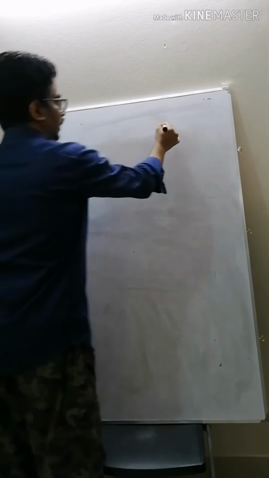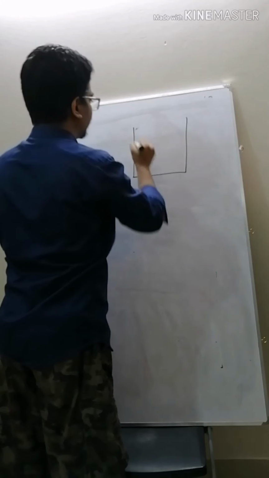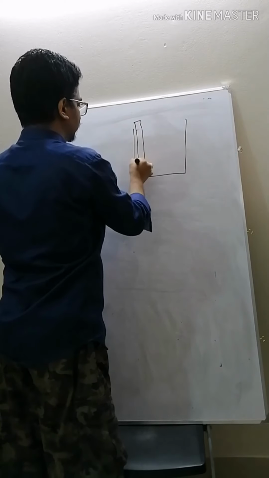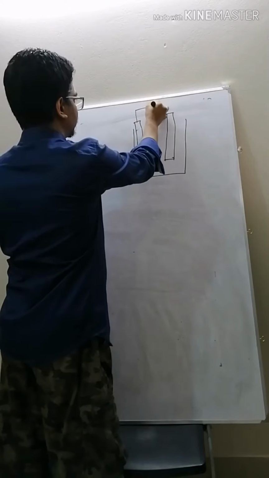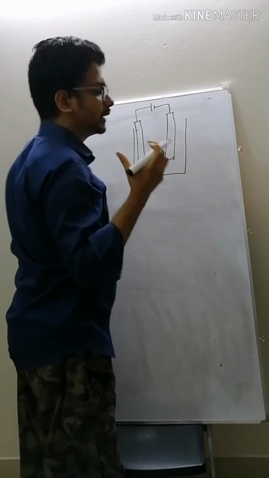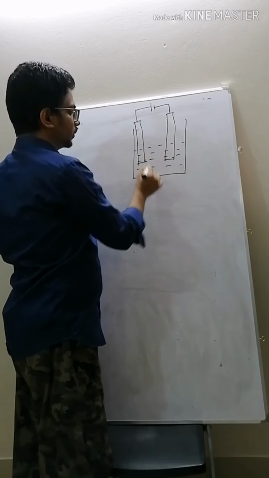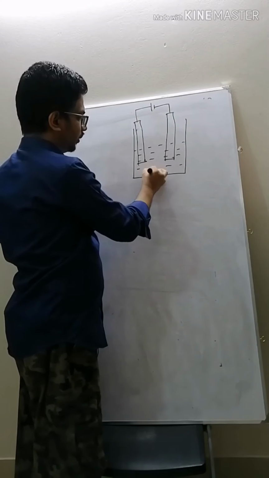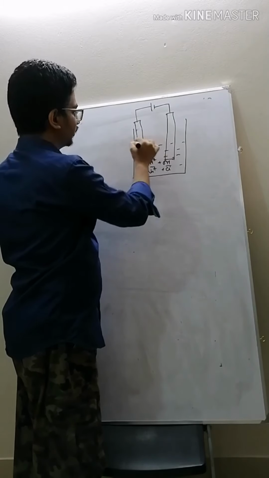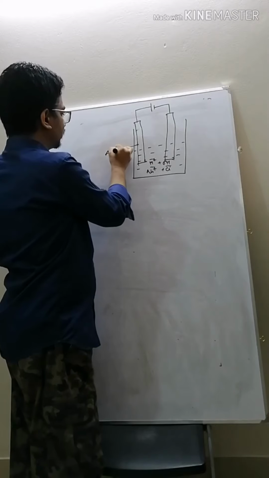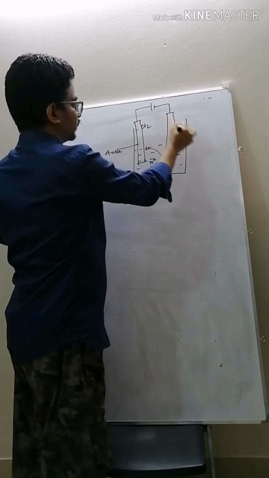It is the picture of this electrochemical cell, electrolytic cell. Just a simple picture of this. You should go through your book where you get the main picture. Here is anode, where chloride will go and chlorine gas is produced.